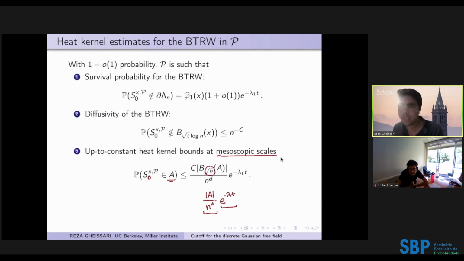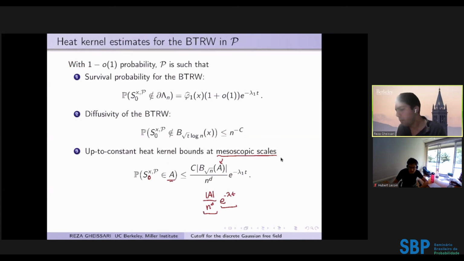So you have to enlarge your set by a root n distance, and then if you do that enlargement, the bound holds. This enlargement is so that you can smoothen all of these local oscillations in the heat kernel given to you because of the Poisson noise. So this is sufficient, obviously, to treat sets A whose size is larger than root n. Then the enlargement becomes just a constant multiple and it's not so bad.